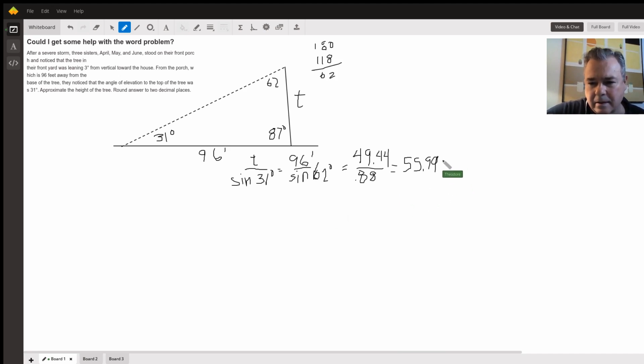They asked us to round to 2 decimal places. Well, this 9, because of the 8, is going to round up to 10. And that 10 will carry over here. So our answer is going to be 56 feet. That's how we solve this problem.